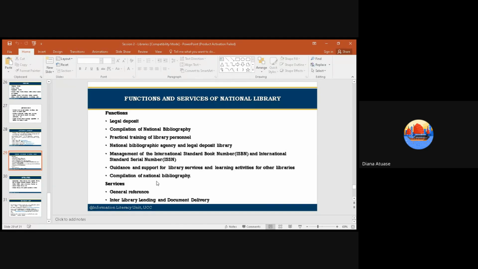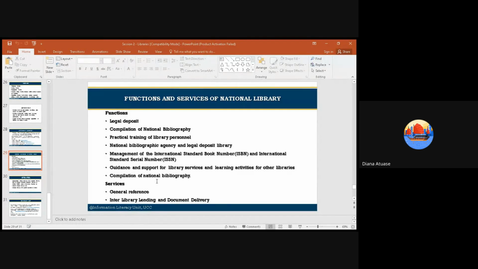When you do any publication, write any book in Ghana, you are expected to deposit a copy at the National Library. And if you refuse to do that, you'll be fined. You will pay a fee. So the National Library serves as a legal deposit. So that's one of its functions.